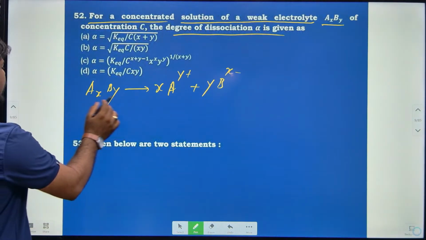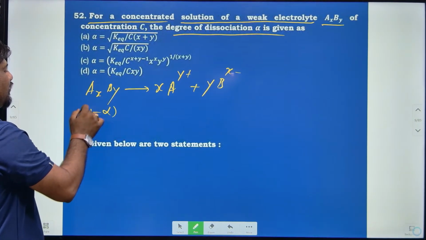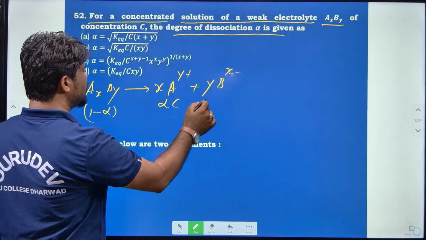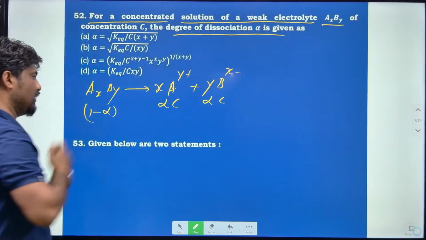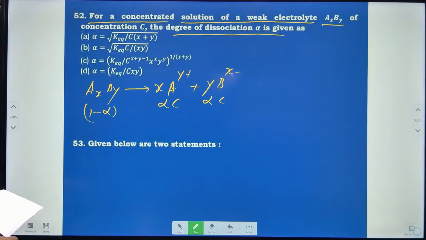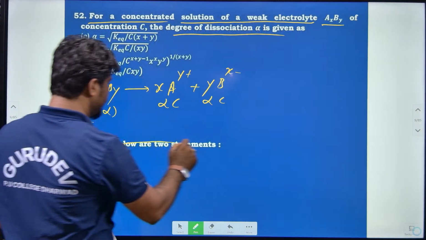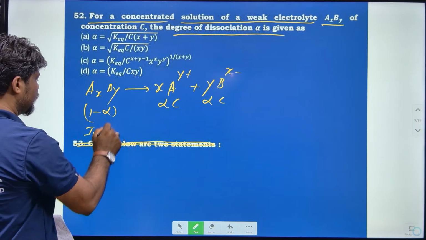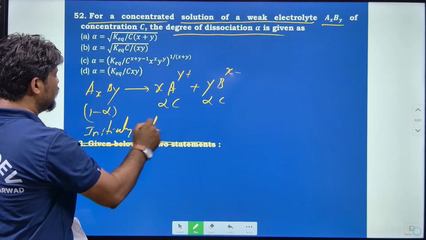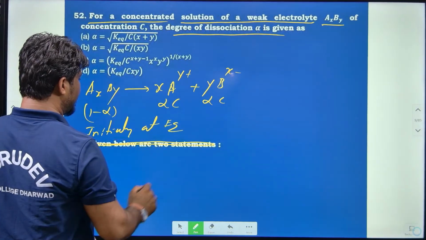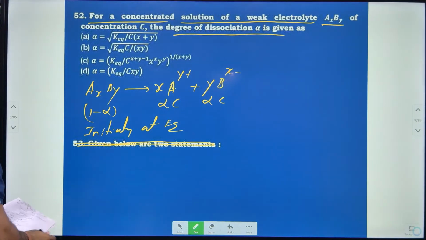So if you go for the degree of dissociation, this is 1 minus alpha, and this is alpha C, and this is alpha C. Okay, well, so now initially at equilibrium, this one I will take later.